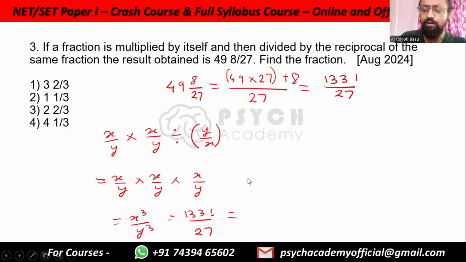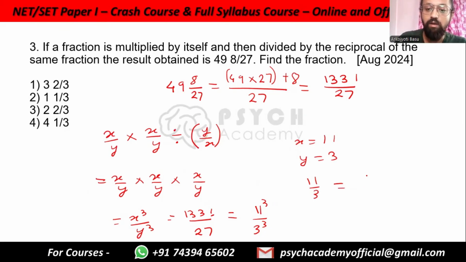But for right now, let's focus on the sum, which is the same as 11 cube by 3 cube, which means x is equal to 11, y is equal to 3. The fraction becomes 11 by 3, which is the same as, 3 into 3 is 9, so we take 3, remainder is 2 and 3, so 3 2/3.